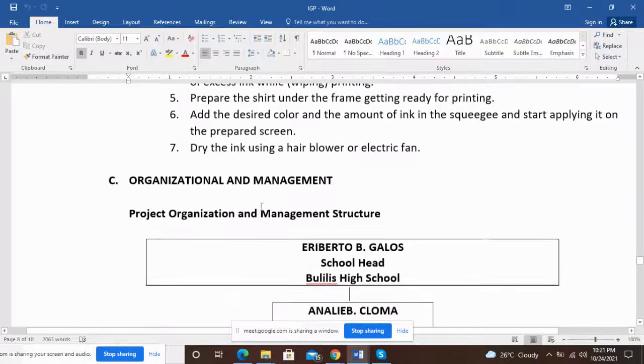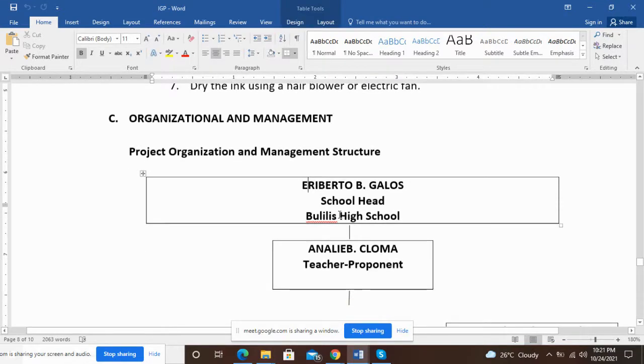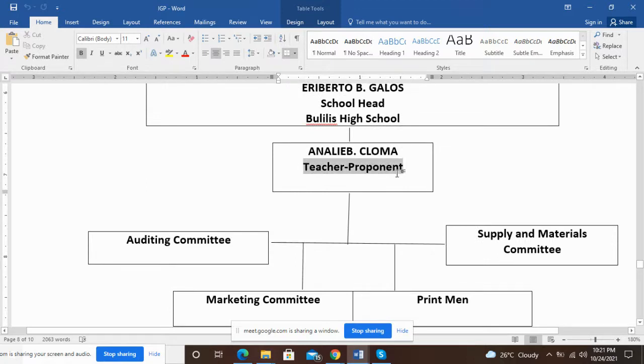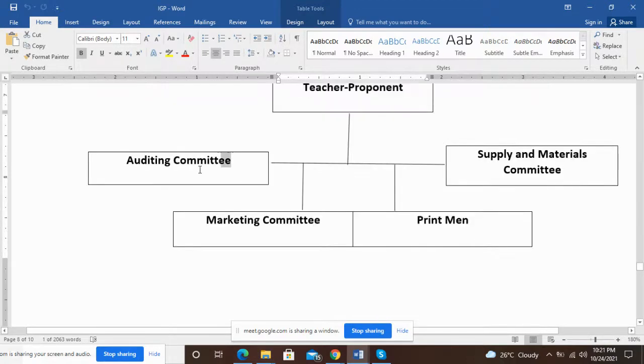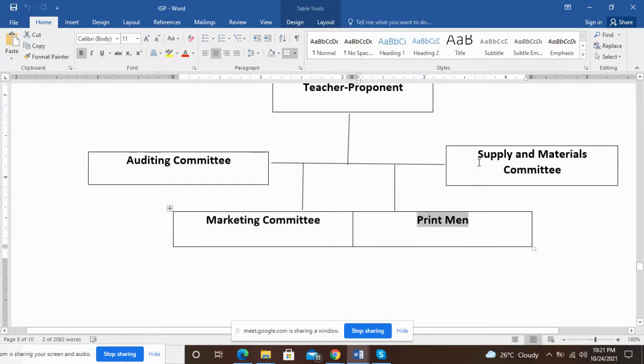Now we have letter C. You're going to create also your organizational management. So we have here project organization and management structure. Of course we start with your school head. Next, yourself, as the teacher proponent, and the students in the auditing committee, marketing committee, printing, and the supply and material committee.